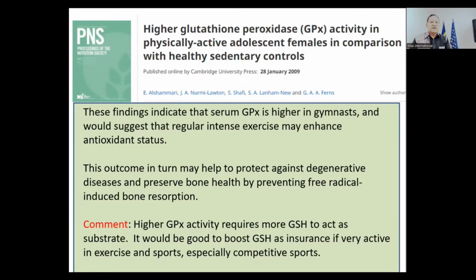So my comment on this study is that the higher glutathione peroxidase activity requires more glutathione to act as a substrate. Remember, GPX is the enzyme. It works on glutathione. Higher activity means higher glutathione is required. So it would be good to boost glutathione as insurance if the young adolescent or adult is very active in exercise and sports, especially if involved in competitive sports.